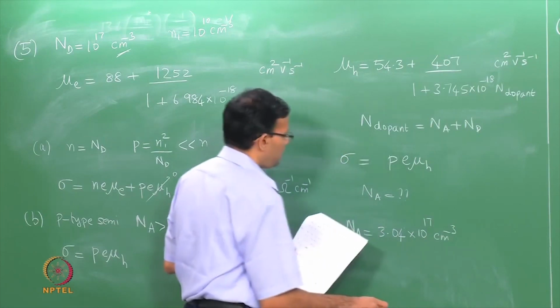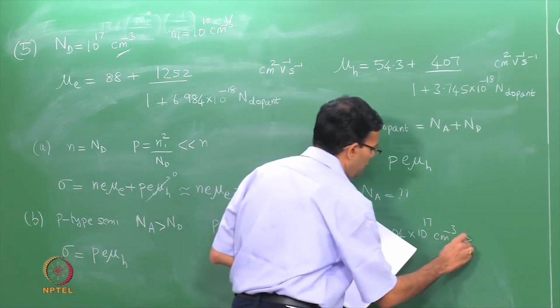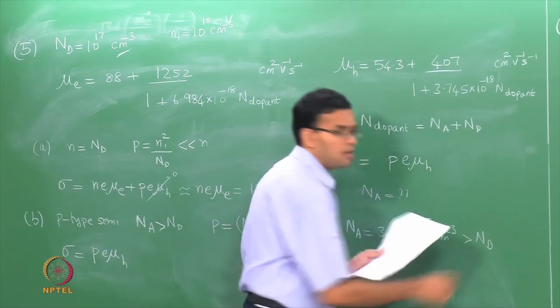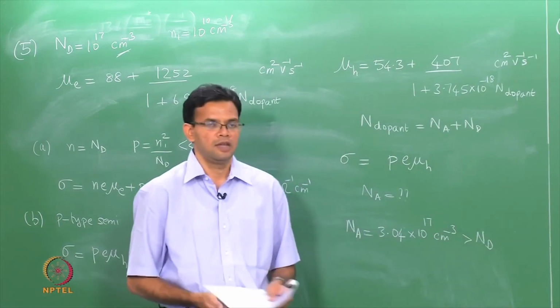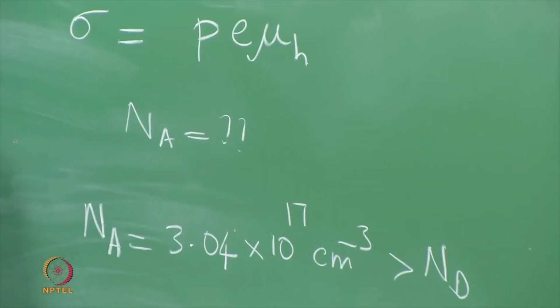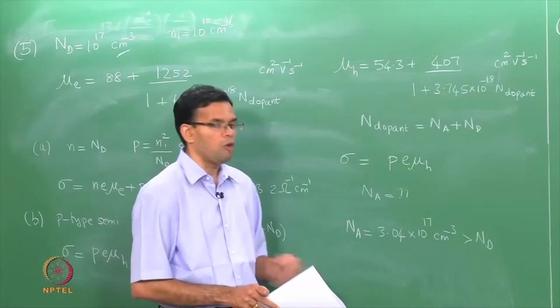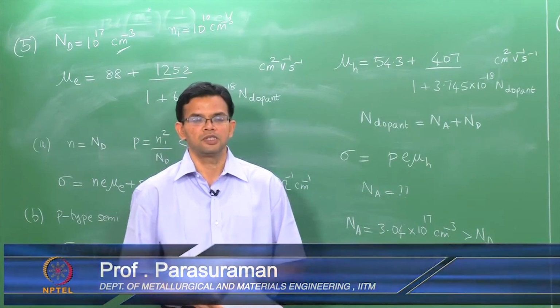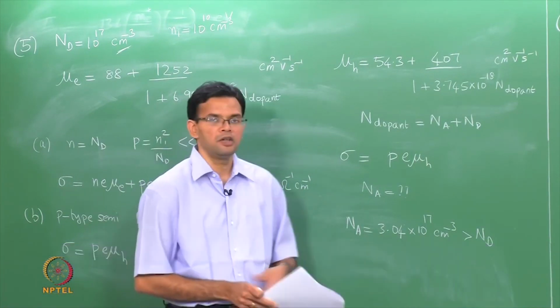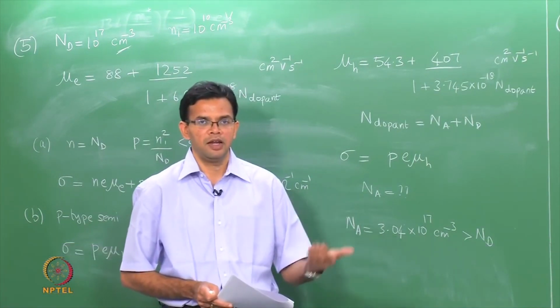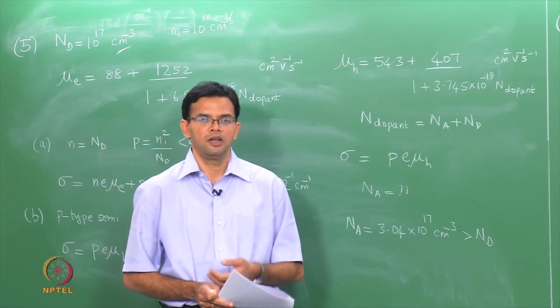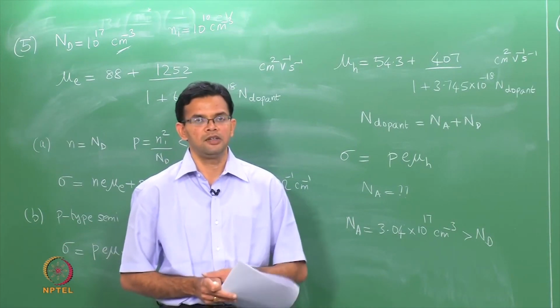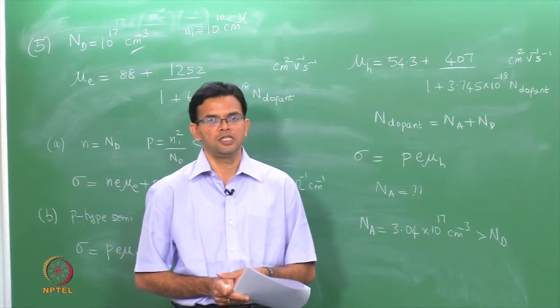This is greater than the value of Nd which is 10 to the 17th. So, what you have is essentially a p type semiconductor where you have done compensation doping by adding an excess amount of acceptors. The main point here is that whether it is an N type or a p type, the conductivity is essentially determined by the majority charge carriers.